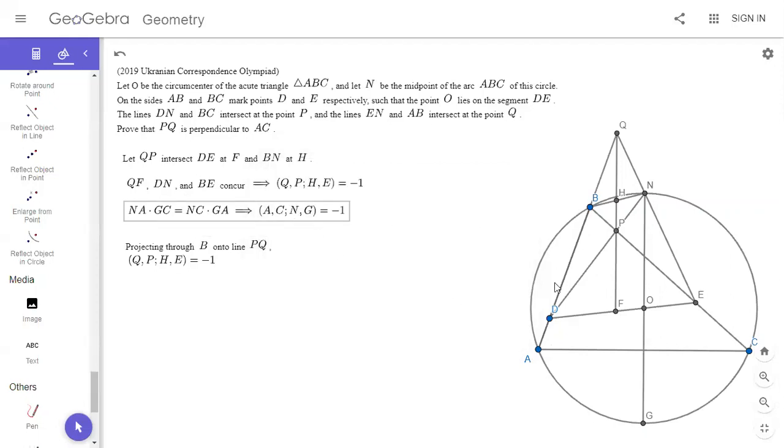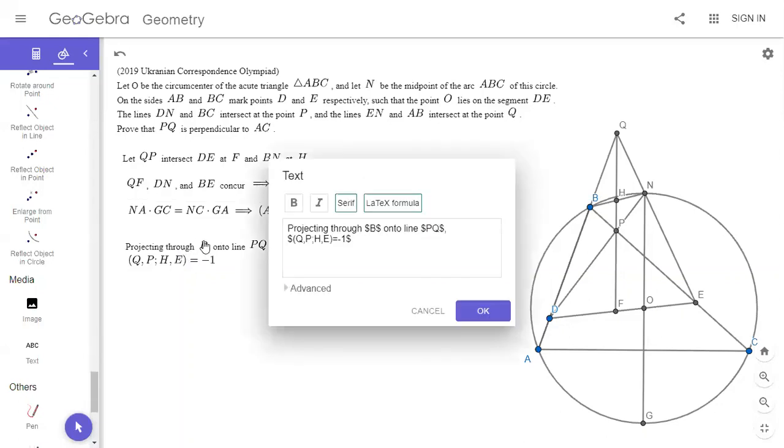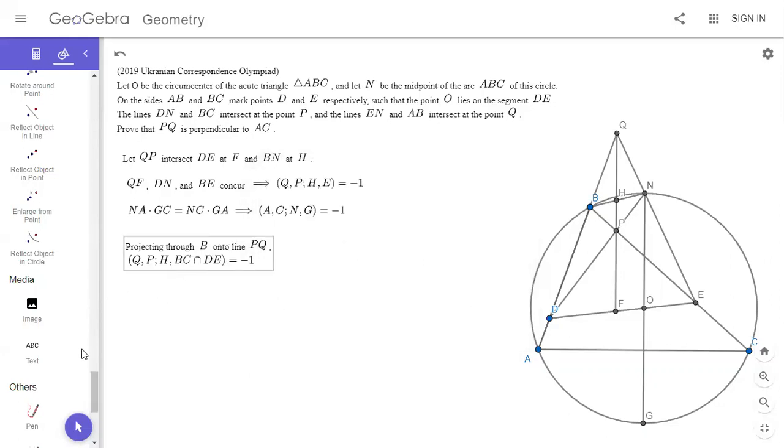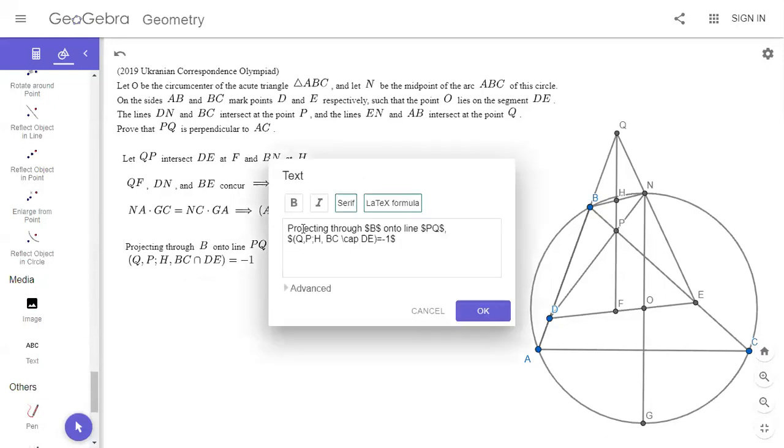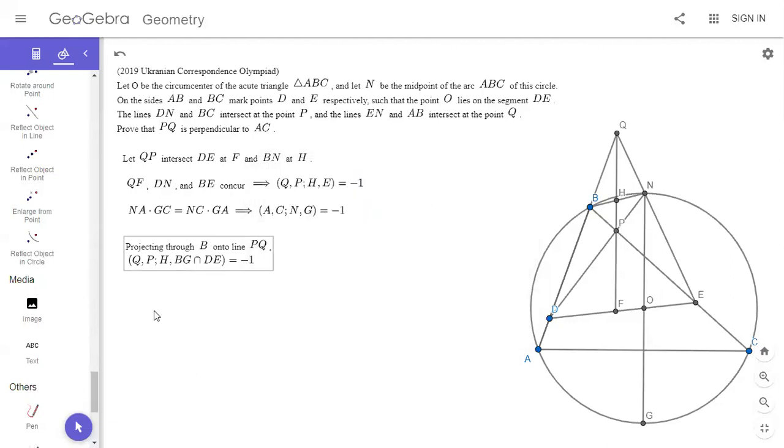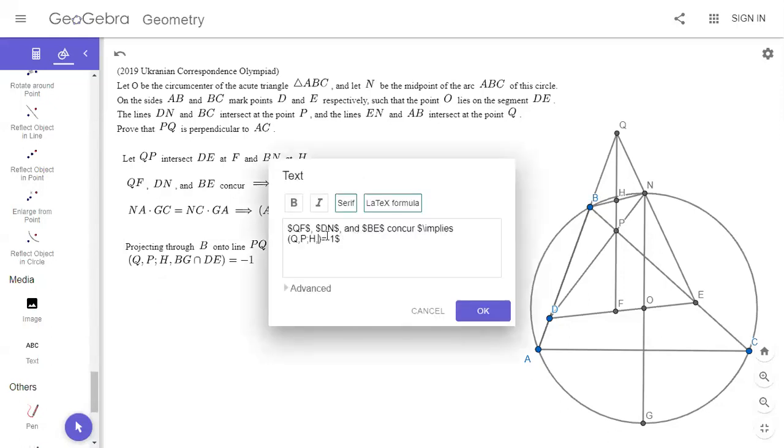So then if you take those four points A, C, N, and G and project through B onto line QPH, BG intersects DE. So that means this should be F, not E. Okay.